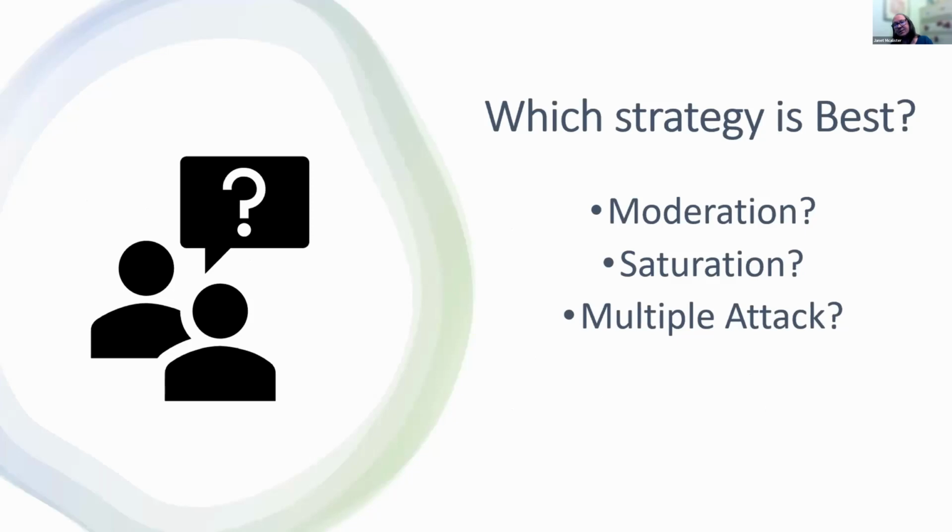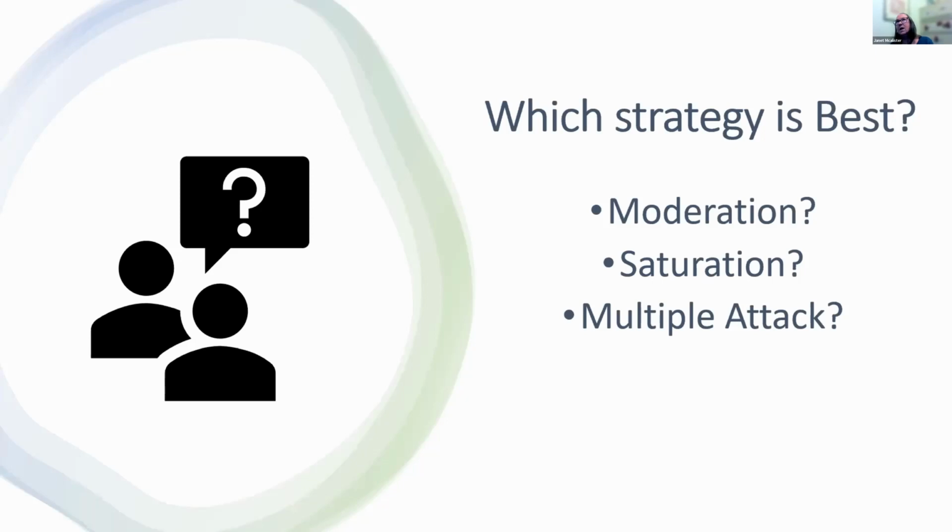But I do want to ask the question, which of these strategies is best? Is it moderation, is it saturation, or is it multiple attack? And this is where we are really in a data gap. When it comes to preventing resistance in the first place, there's not a lot of long-term studies that have shown which one is the best to use.